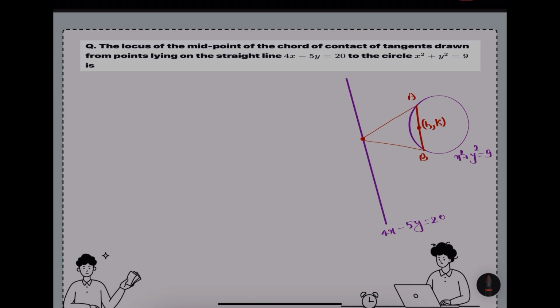Now, look at this, the locus of the midpoint of the chord of contact of tangents drawn from the points lying on the straight line. So we have to imagine a point on this straight line. Can you please help me in taking one point on this line?